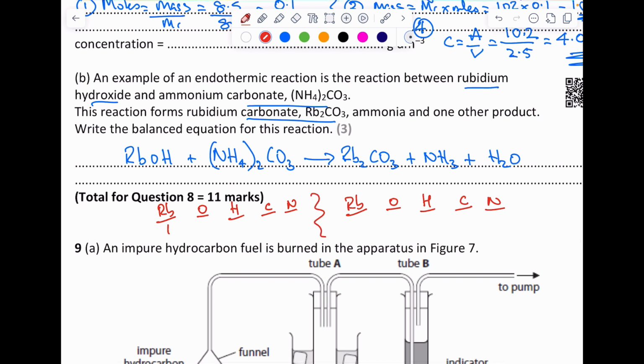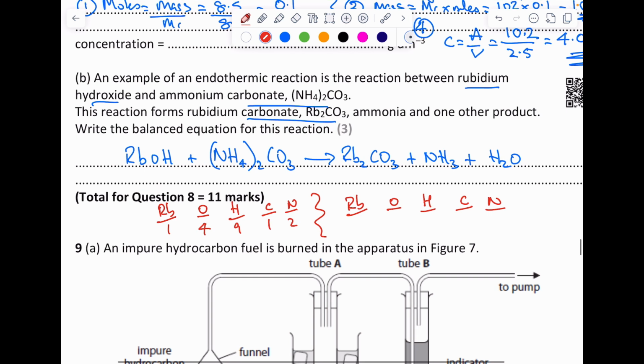Okay, so rubidium's is 1, oxygen's is 3, and that becomes 4, hydrogen's is 8, and then there's one over there which becomes 9, carbon's is 1, and nitrogen's is 2. On this side of the equation, I've got 2 rubidiums, I've got 3, 4 oxygens, I've got 3, 4, 5 hydrogens, 1 carbon, and 1 nitrogen.